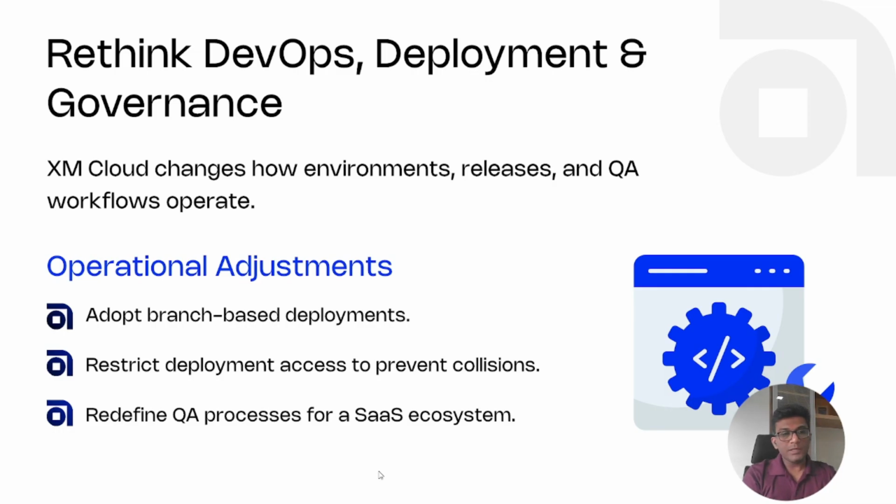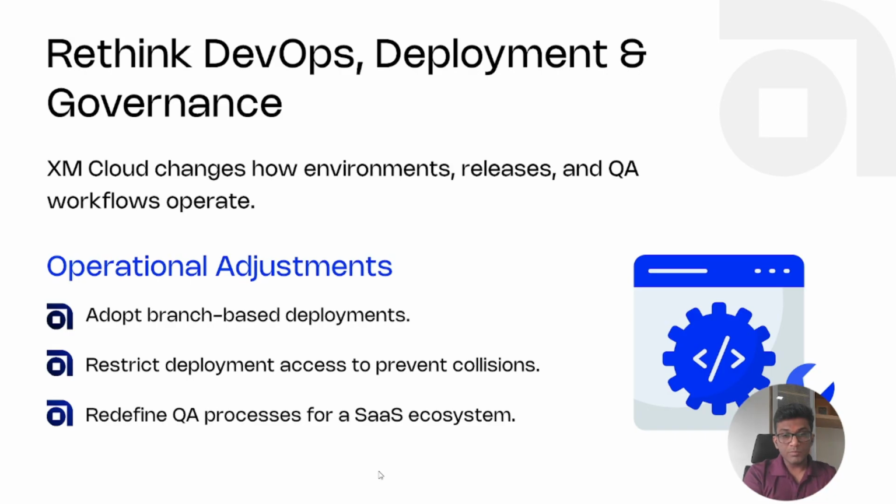So if you remember in XP, you might not use your DevOps team, deployment team, or other governance because you can directly transfer your files and other deployment tools to the server. There is no branch-based deployment, nothing. But in XM Cloud, how you deploy, how you release, how you manage environments, it's very important.